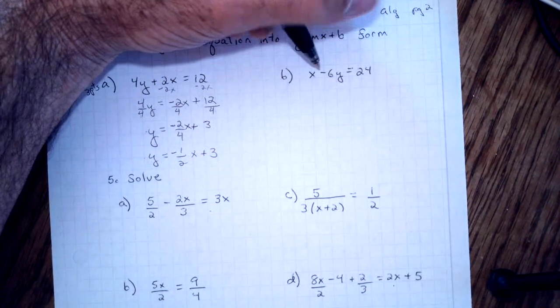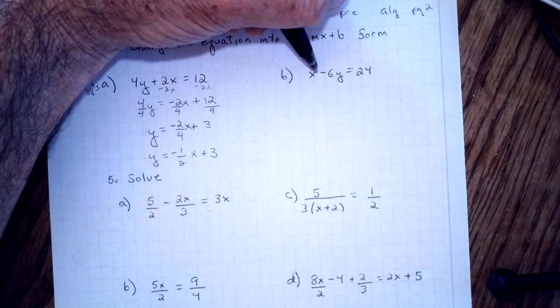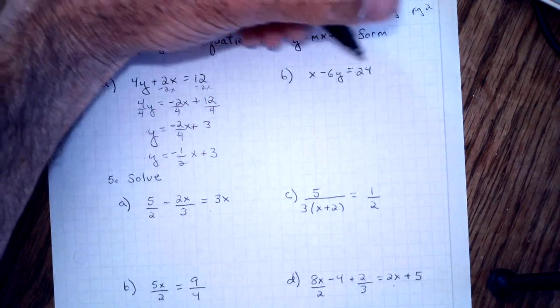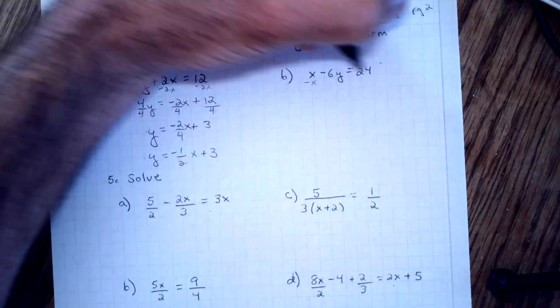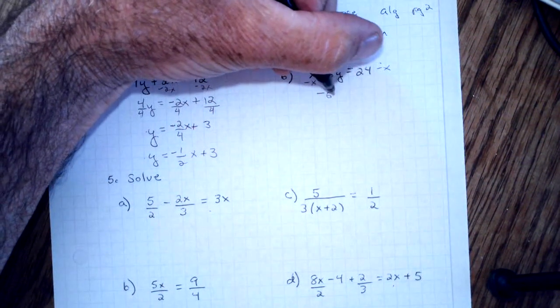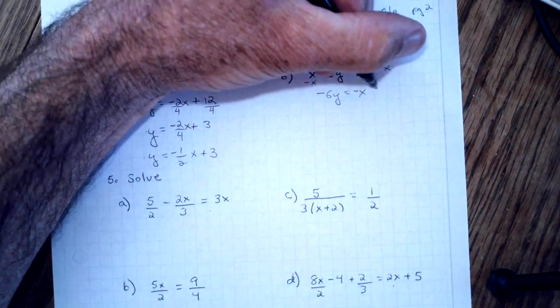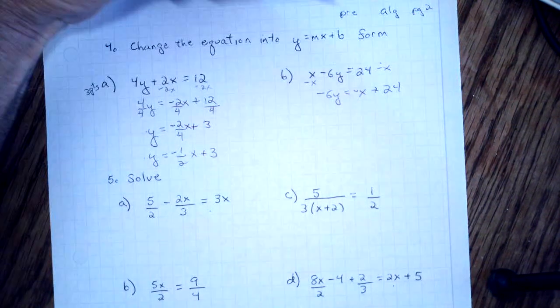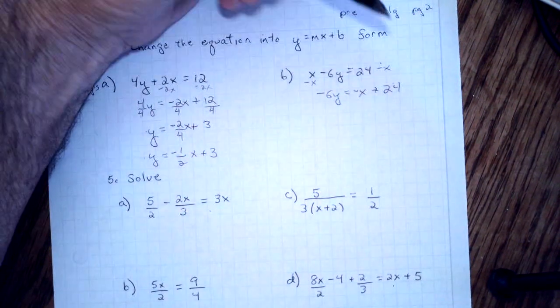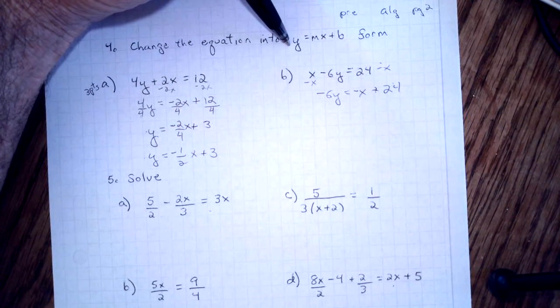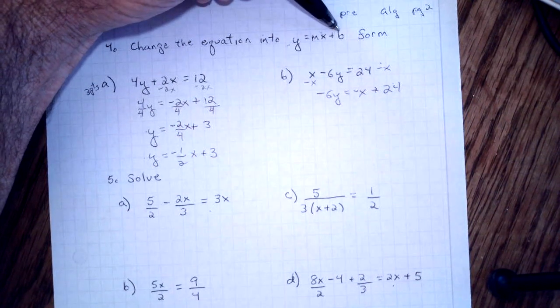Okay, B. Going to go ahead and move that x over to that side, so subtract x from both sides, and I get negative 6y equals negative x plus 24. And notice I'm putting it into y equals something times x plus something, because I want it in that form.